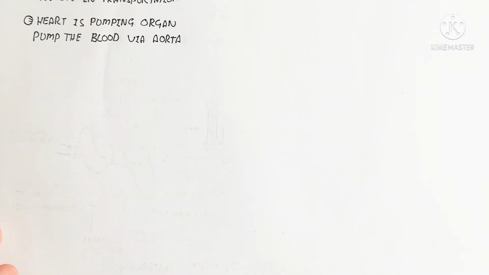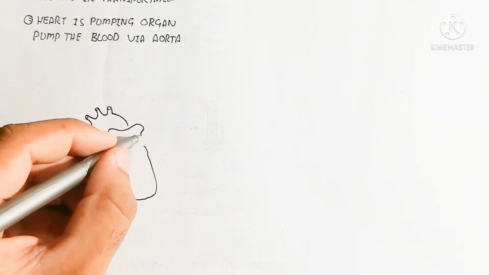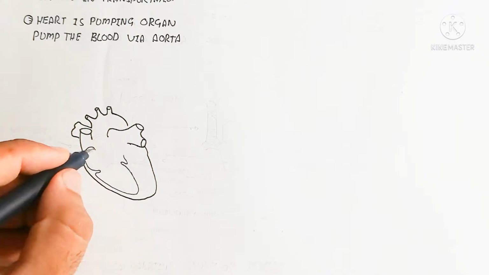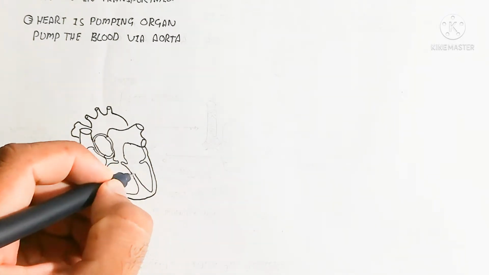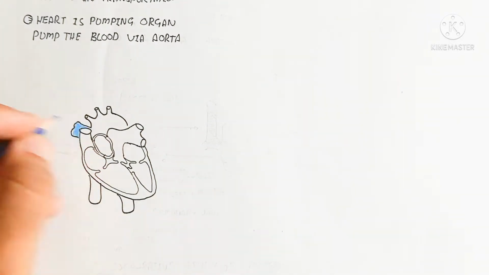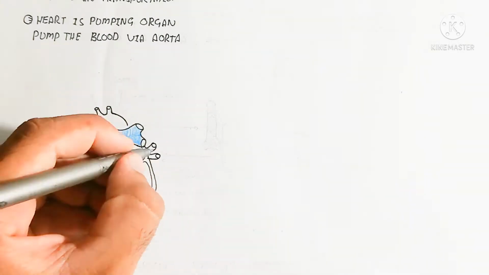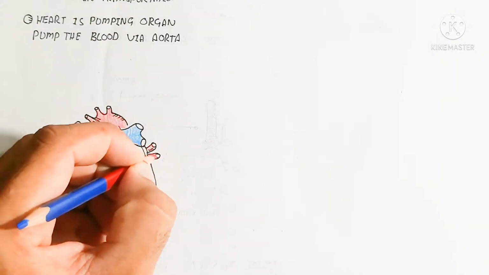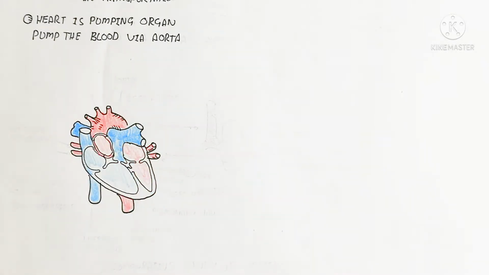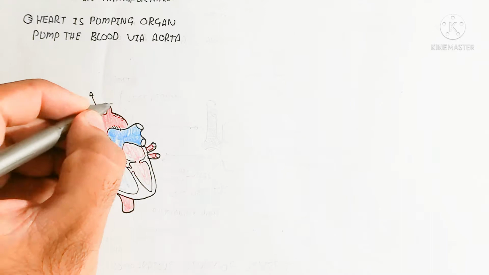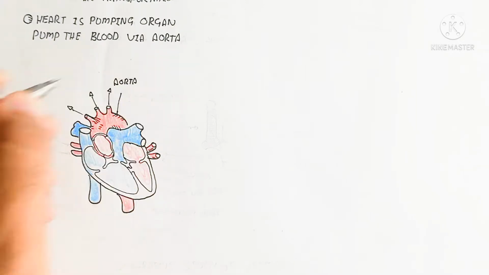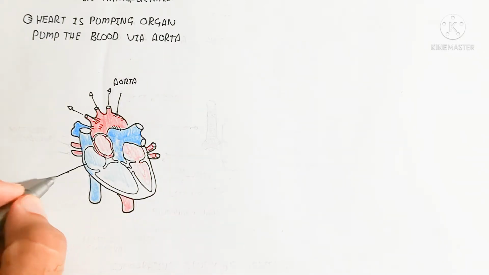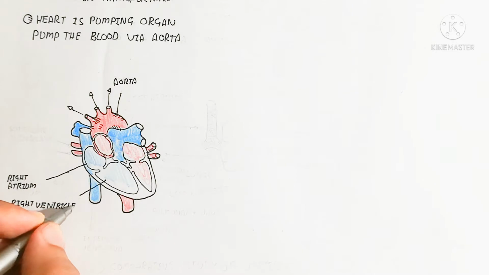So the heart is a pumping organ, pumping the blood via the aorta. The heart is an important major part of the circulatory system. Here I am drawing the heart of mammals. This mammal's heart basically contains an aorta, inferior vena cava and superior vena cava, which carry the deoxygenated blood toward the right atrium to the right ventricle.